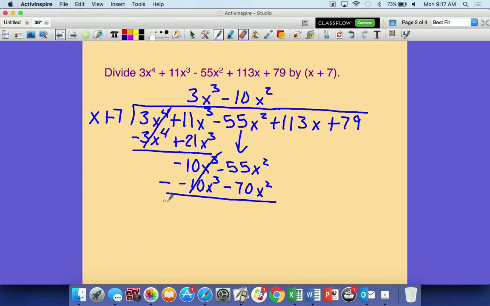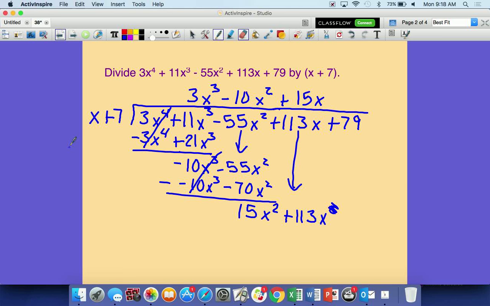Negative 55 minus negative 70, negative 55 plus 70 gives us a positive 15x squared. Then we drop our next one. There's our 113x, or sorry, just an x.